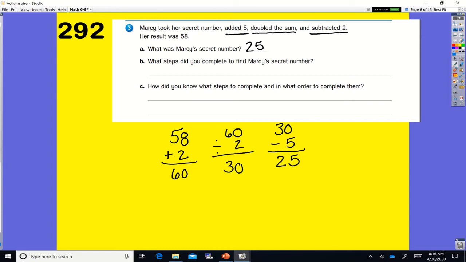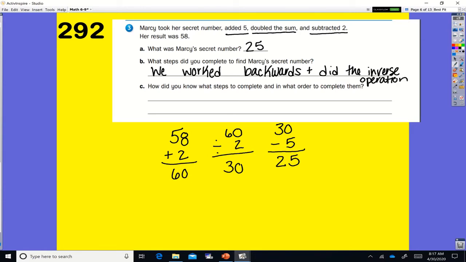So, what steps did you complete to find Marcy's secret number? We worked backwards and did the inverse operation.